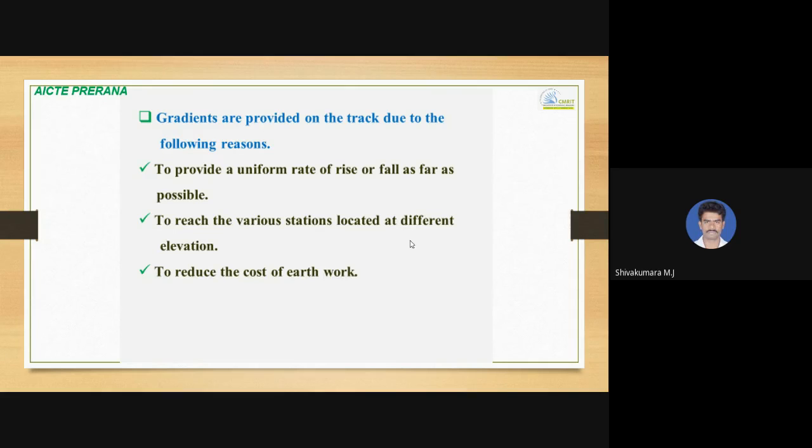If you try to maintain the same level throughout the length of the railway track, it will become an uneconomical project. So due to these reasons, it is important to provide gradients wherever required, to reduce the cost of construction.